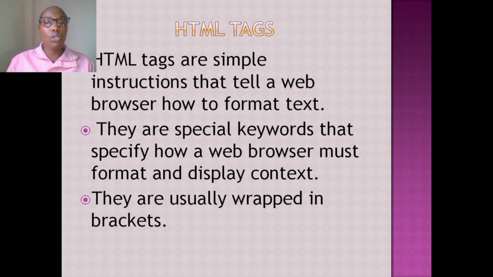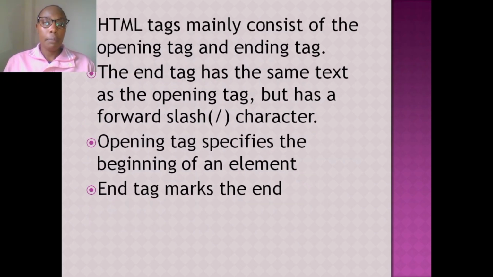Then you have what we call HTML tags. Tags are simple instructions that tell a web browser how to format text. They are also known as special keywords that specify how a web browser must format and display content. These tags are usually wrapped in brackets. So HTML tags mainly consist of two things.